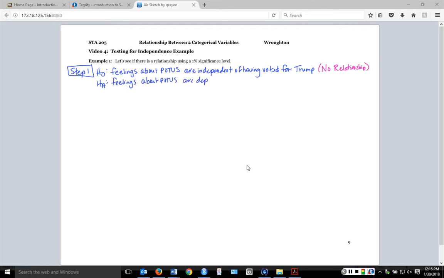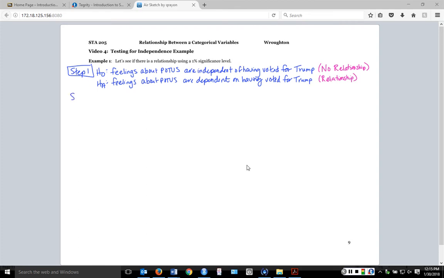Or that is our idea of there is a relationship between our two variables. Now notice when we say that there is a relationship here with that alternative, we're not exactly saying how that relationship really is. We're just saying that the one is affecting the other.